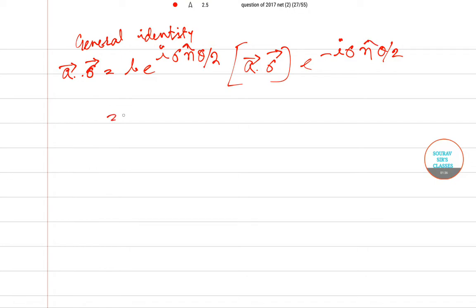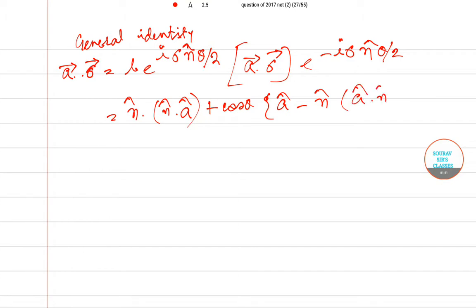This equals n cap dot a cap, plus cos theta into a cap minus n cap into a cap dot n cap, and the third one is sin theta into n cap cross a cap. This is the general identity.